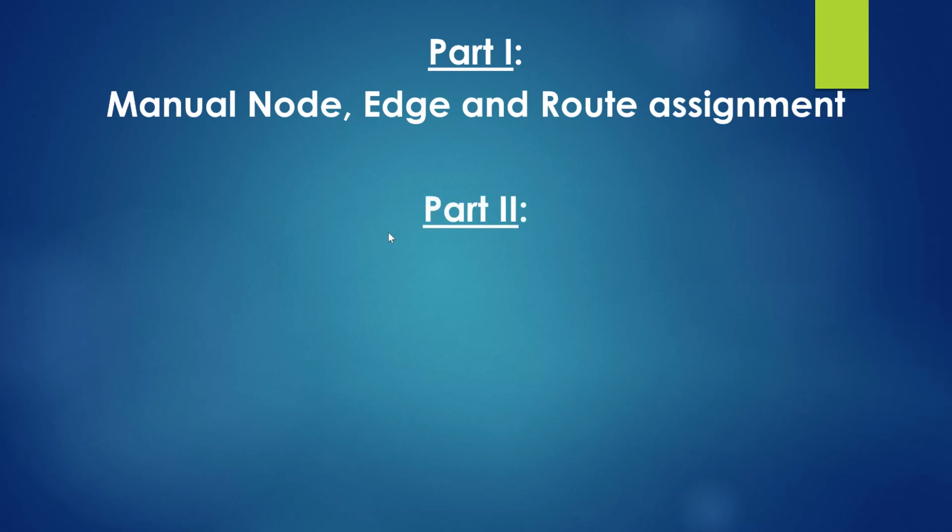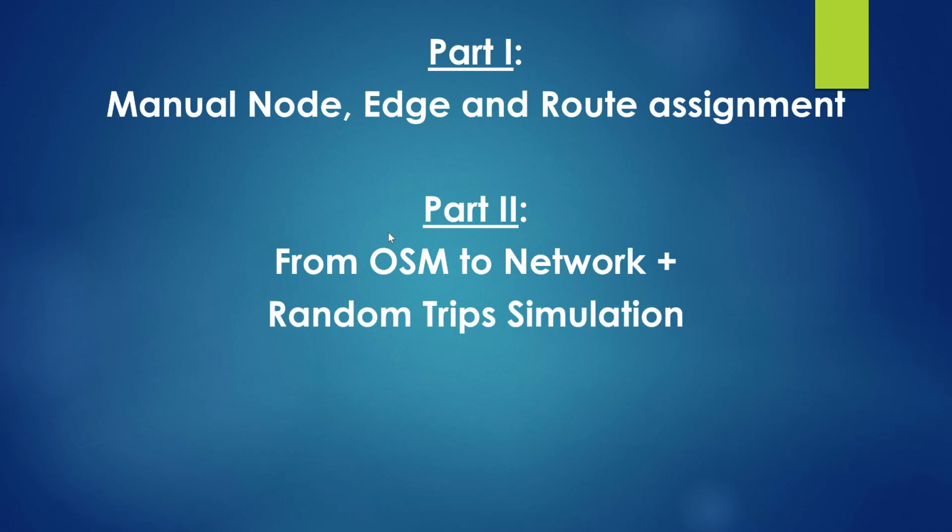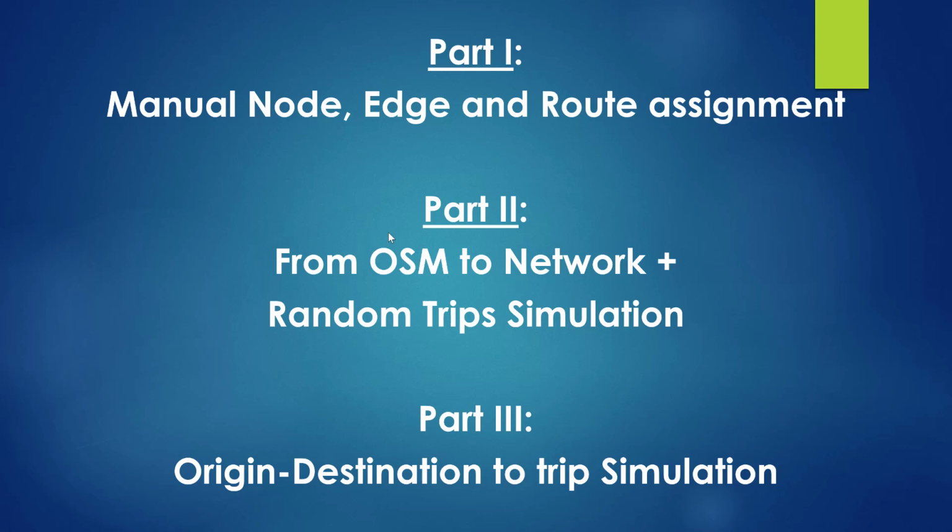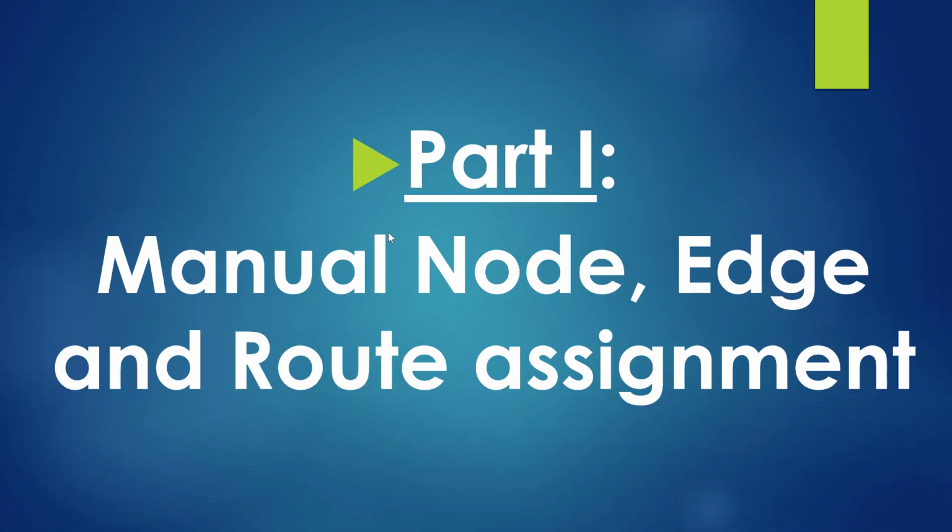In part 2, which will not be covered in this video but in the next video, we are going to see how to import a map from OpenStreetMap and build our network and assign random trips to the network. In part 3, we are going to see how to use origin destination metrics in order to generate trips and simulation. Without further ado, let's get started.